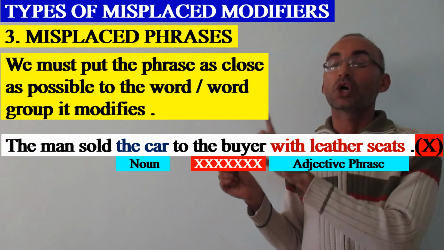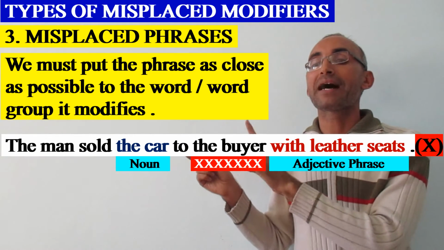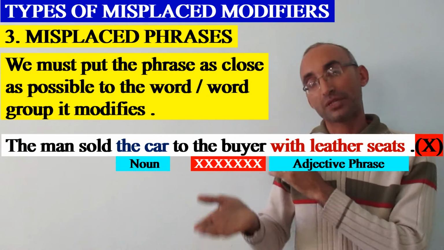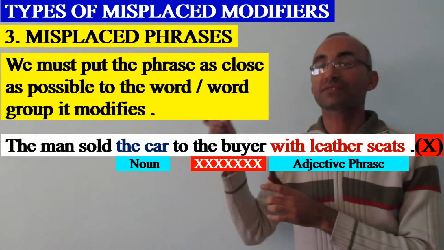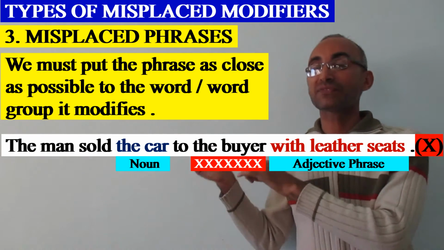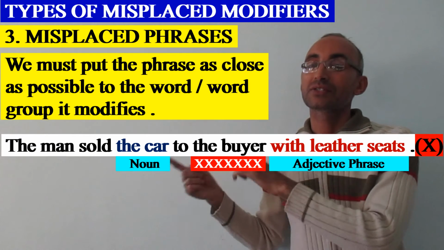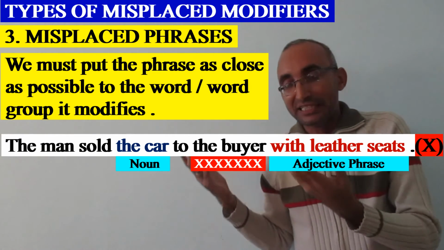And it comes wrongly after the wrong word, buyer. Clear? Because last time we said that the adjective phrase comes directly after the noun it modifies. Now here, if we see this example, it means it modifies the buyer, not the car. But the buyer is a person. He has no seats in himself.